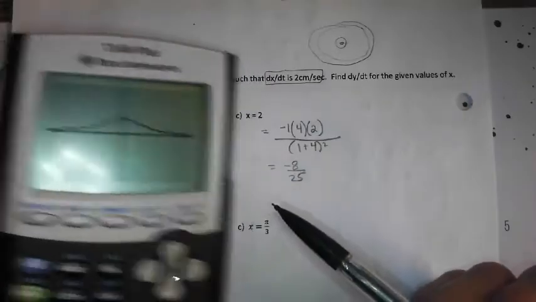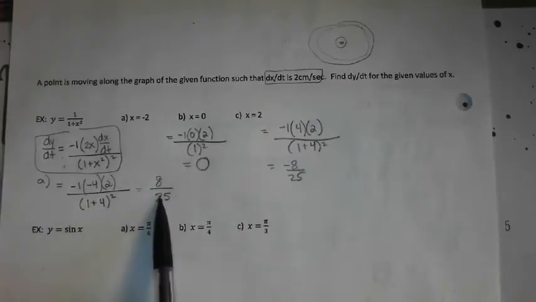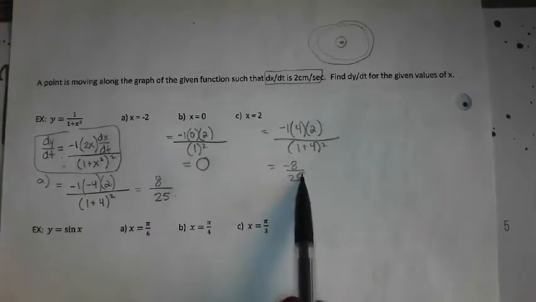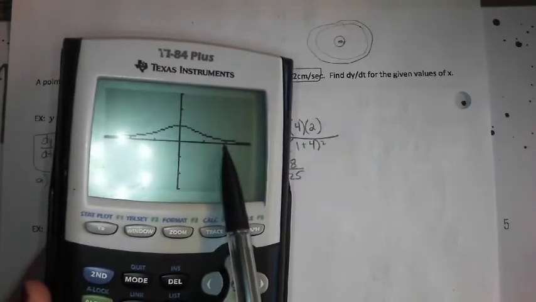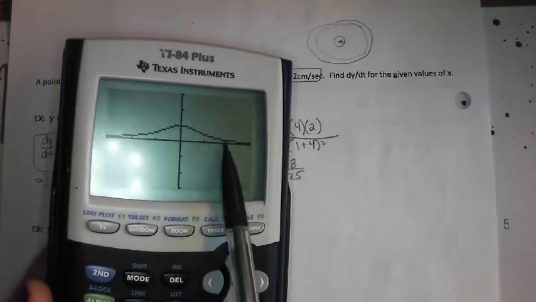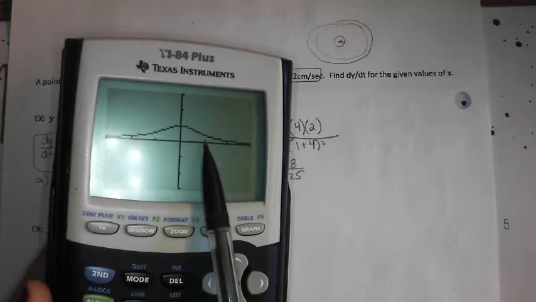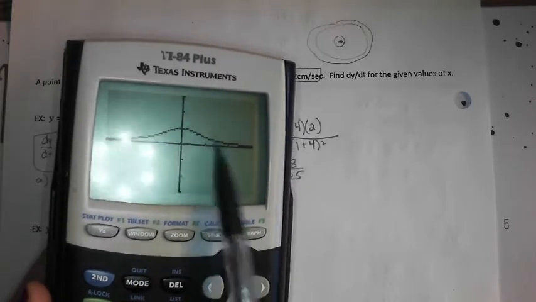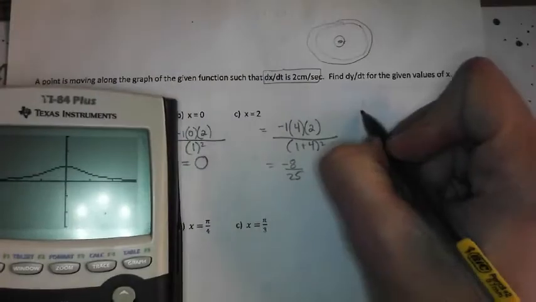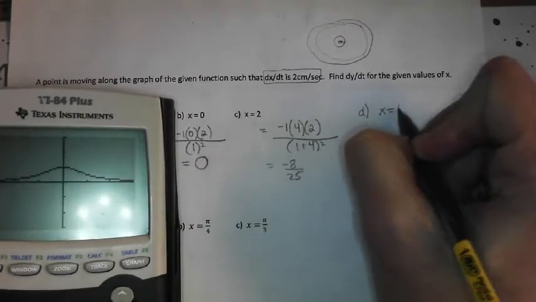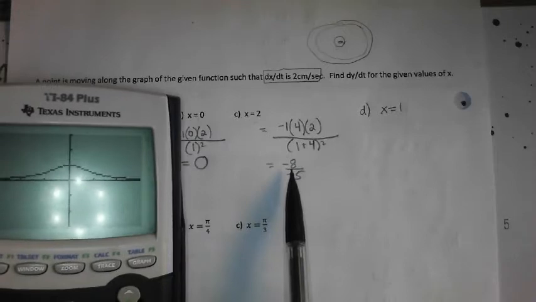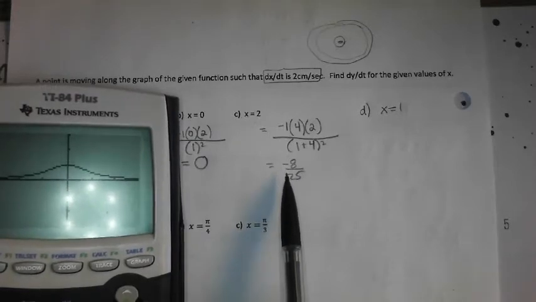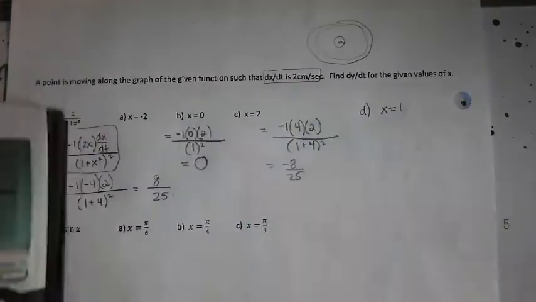The graph's symmetrical, so the only difference is this one's positive, this one's negative. Okay? Just to kind of shed some light on what Liam said. So we just found it at +2. I'm going to find it at +1. And we should try to guess that this is going to be a bigger negative number. Yes? Because it's a little bit steeper there.